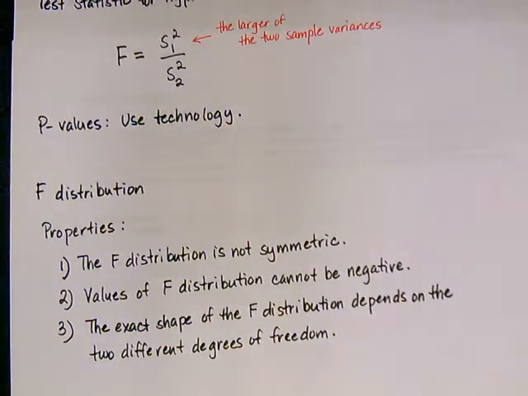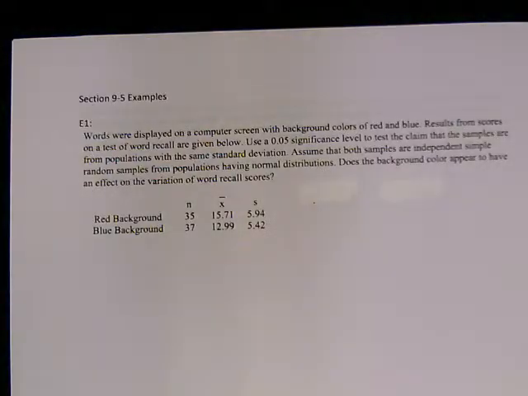Alright, now let's look at some examples of the F test and how to conduct hypothesis testing using the F test with two variances or two standard deviations. Let's take a look at example E1. Words were displayed on a computer screen with background colors of red and blue.